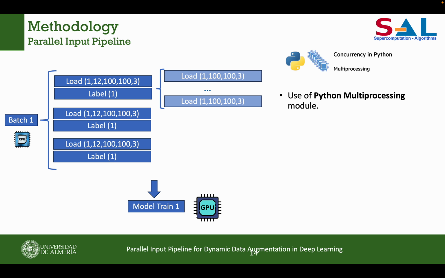This is performed using the Python multiprocessing module in a very straightforward way, which defines a map, and the function is executed in a map that distributes the data into the different available cores. And this schema is flexible and modular.